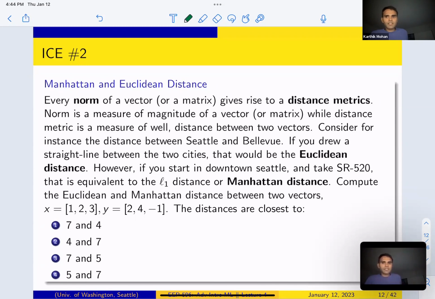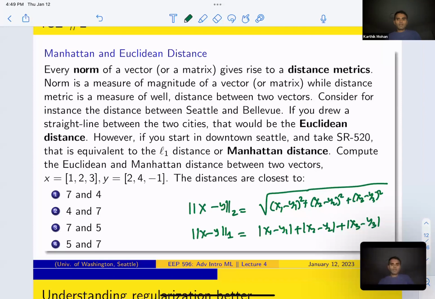Let's say the distance between Seattle and Bellevue, right? So this in-class exercise is looking at that. The L2 norm will give you Euclidean distance, and the L1 norm gives you something called Manhattan distance. So just take a look at this, and then we'll take a minute to answer this. Okay, so hopefully you got a chance to answer the poll.